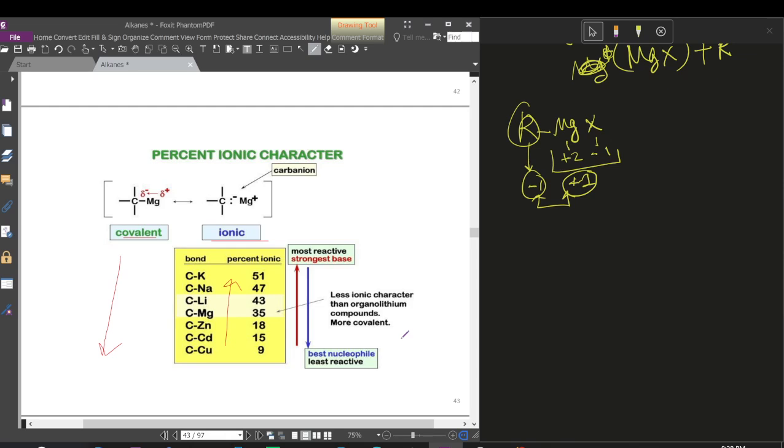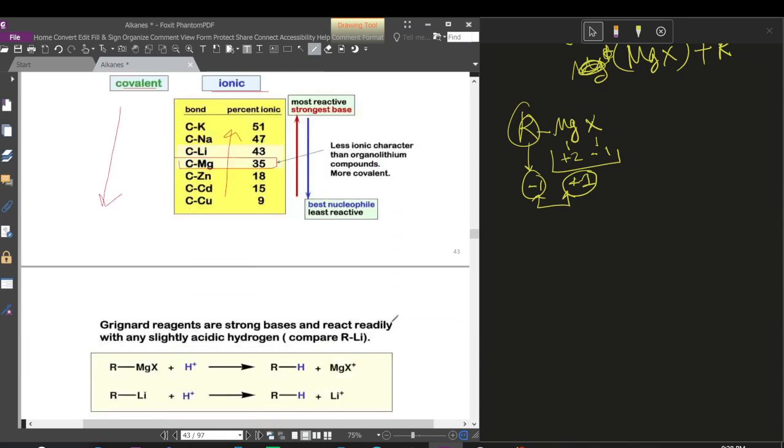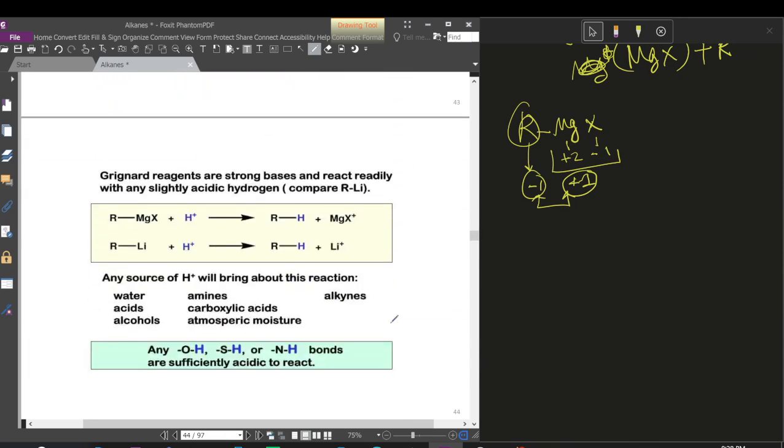So we always prefer magnesium, which has both characteristics, that means the base and nucleophile characteristics, these two behaviors.